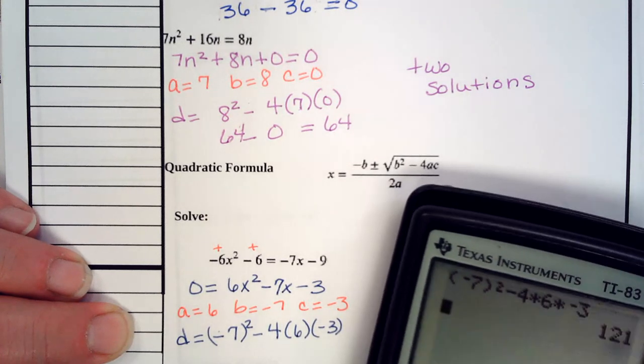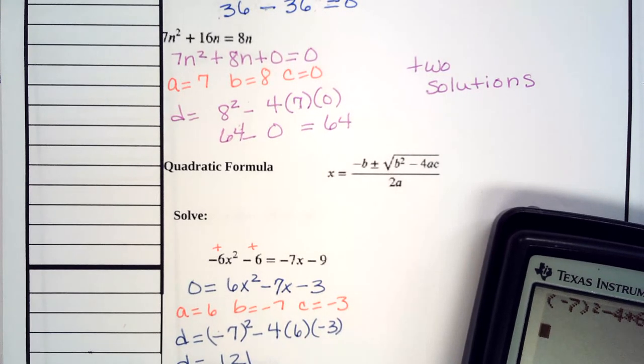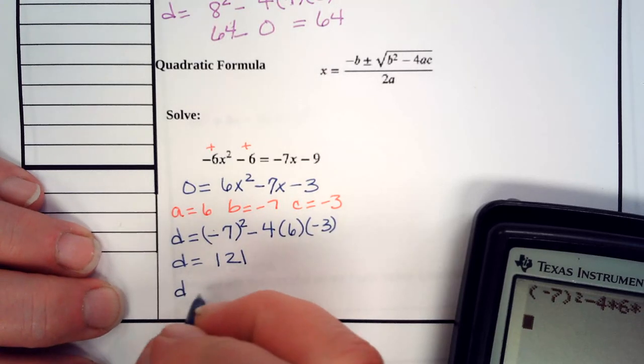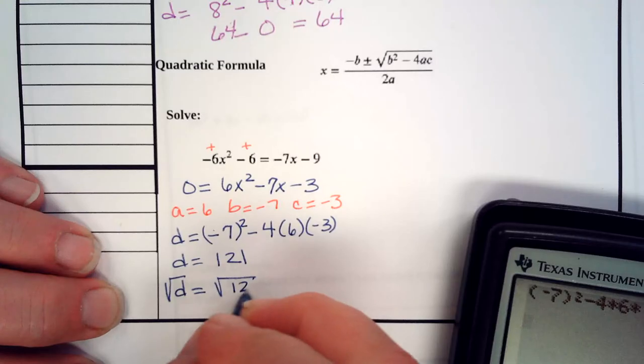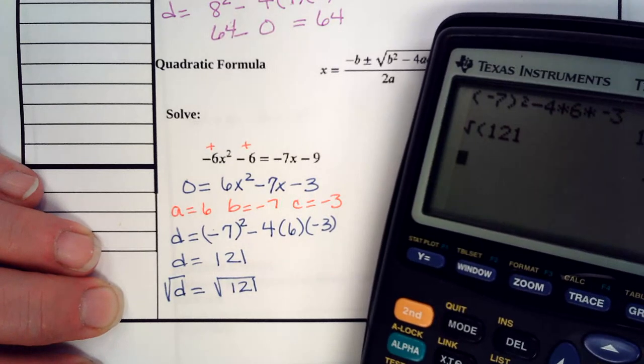And I end up with 121. Now, I found my discriminant. Now I need to square root my discriminant. 11.